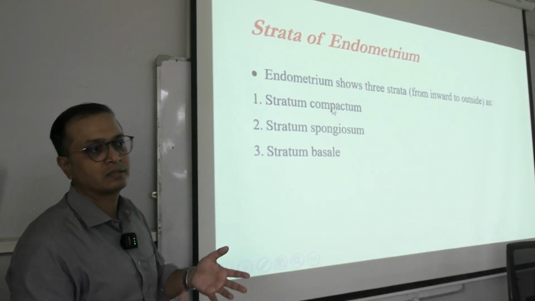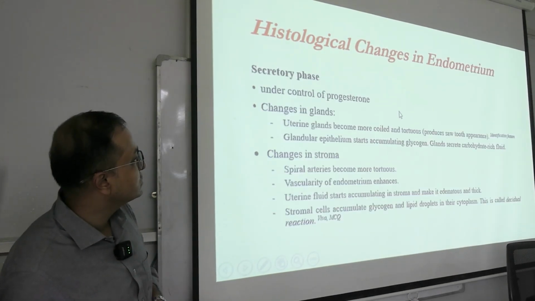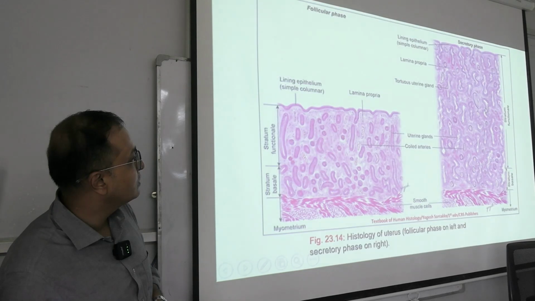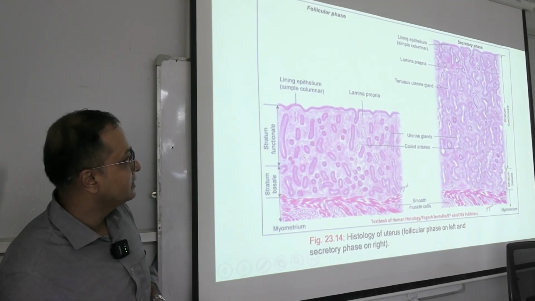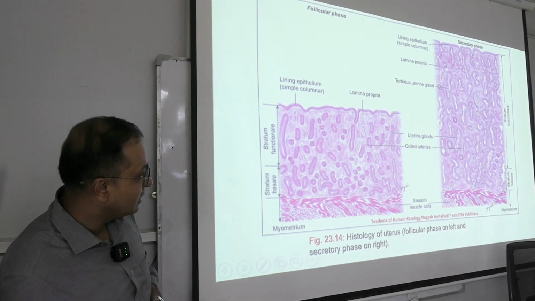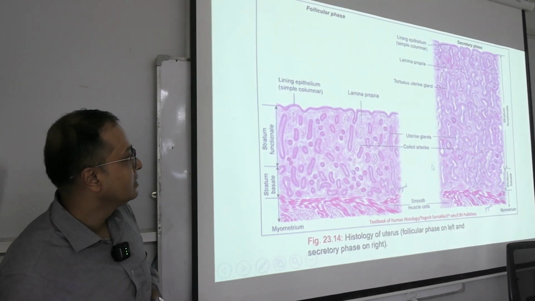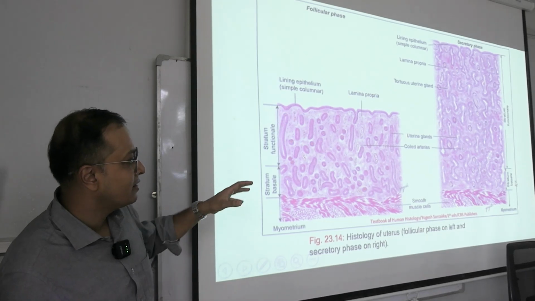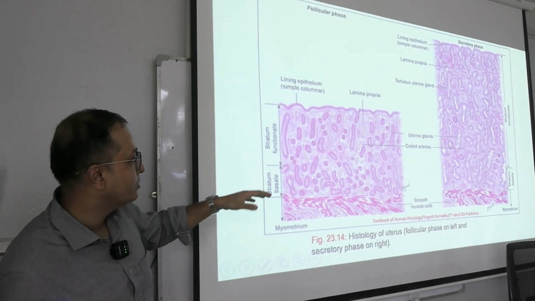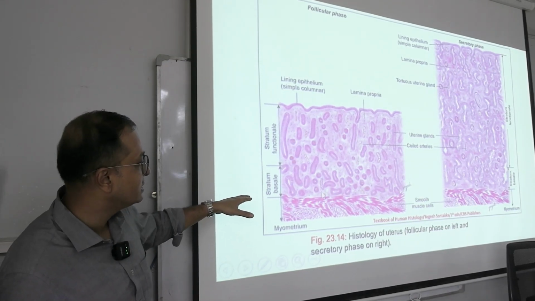So the changes you are seeing here are predominantly happening in this layer and this layer. Fewer changes are present on this layer, known as the stratum basale, which lies at the base of the endometrium. It shows little change.